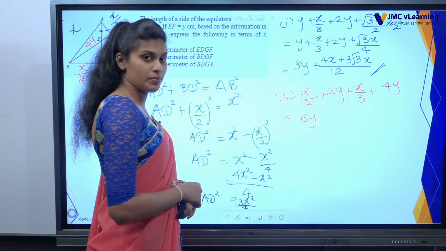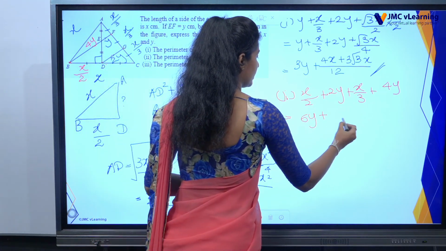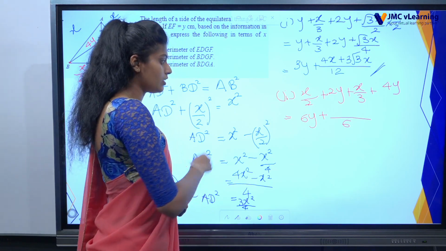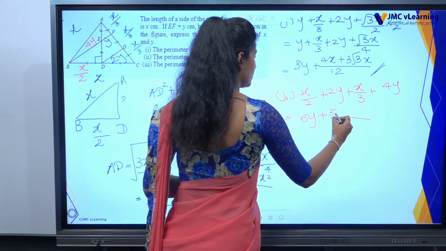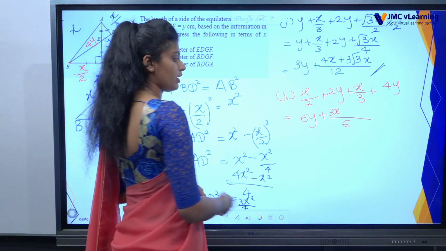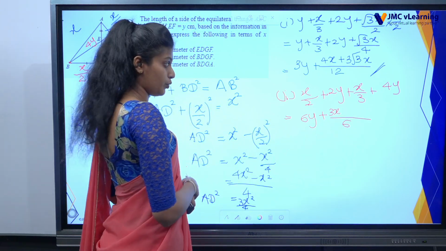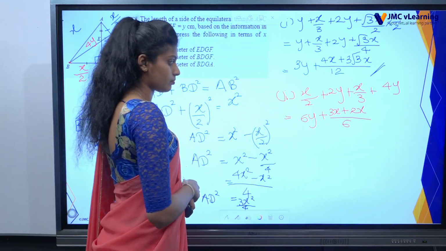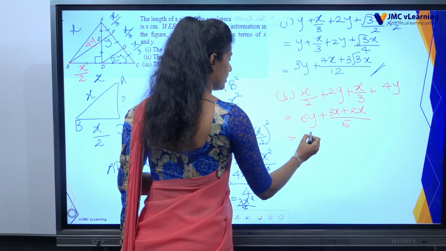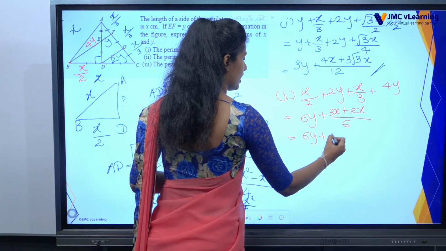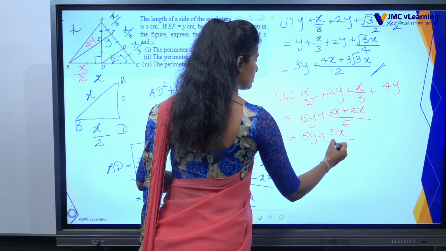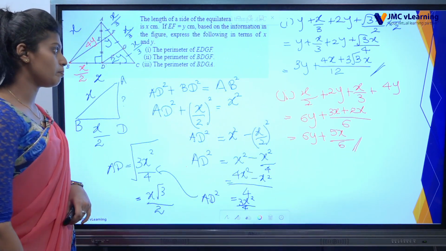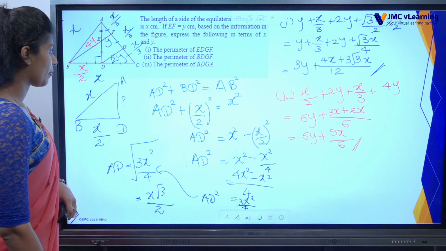Let's take the common denominator of them. We can take it as 6. How many 2s in 6? 3. 3 into x, 3x. Then how many 3s in 6? 2. That means 2x. Then let's write the final answer: 6y add 5x over 6. This is the perimeter of BDGF.